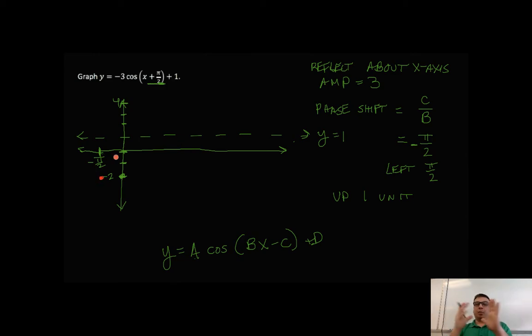We do not have a compression this way, which is good because to have all of these different parts together would make this a little bit more difficult. So what happens is we're going to come through, and here is where we will cross the midline. So we're going to cross the midline, then we're going to go up and hit a max. Then we're going to cross the midline. Then we'll hit our minimum. Then we will cross the midline.